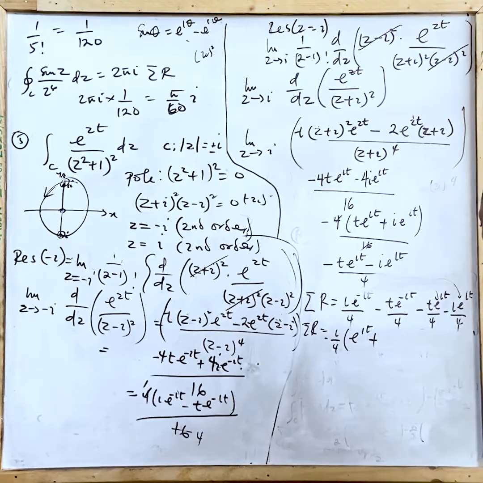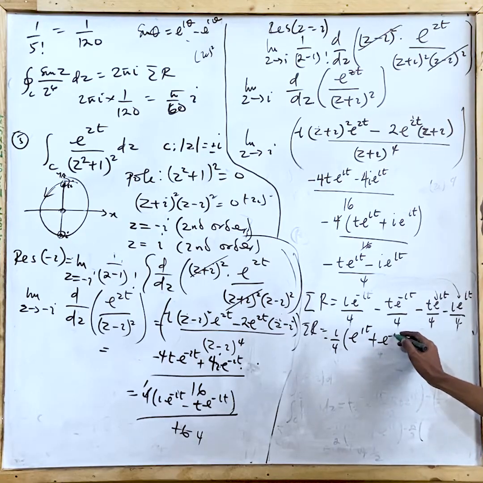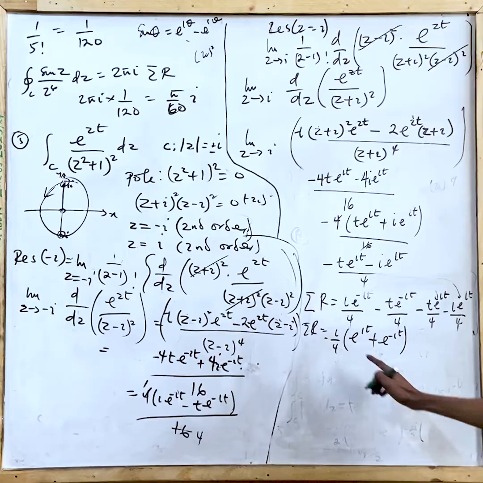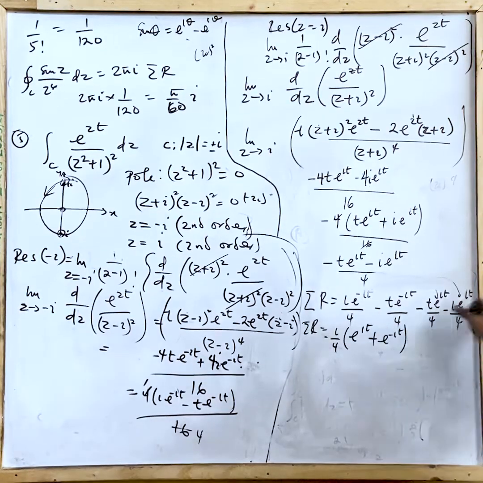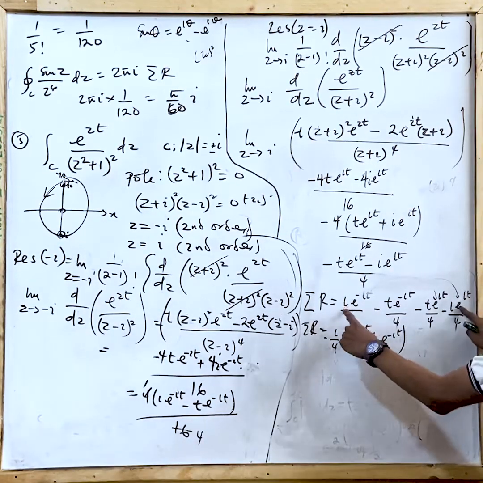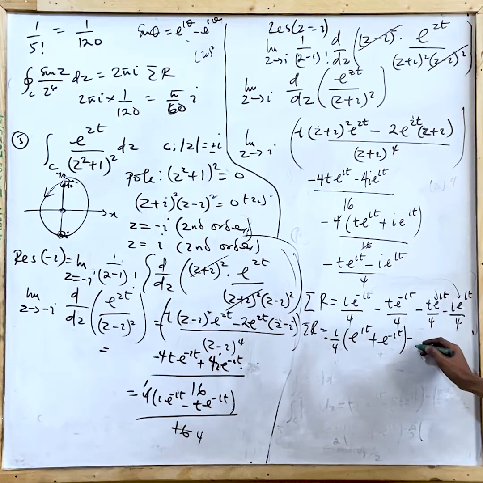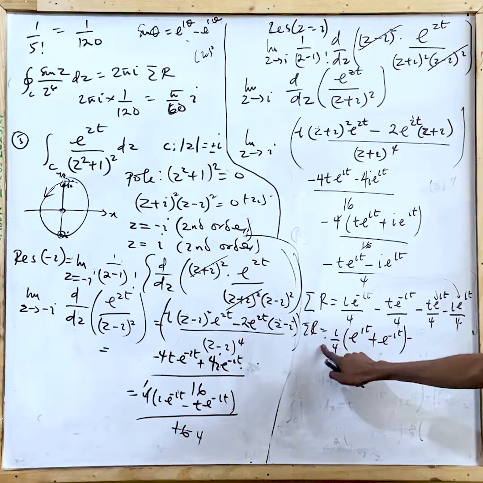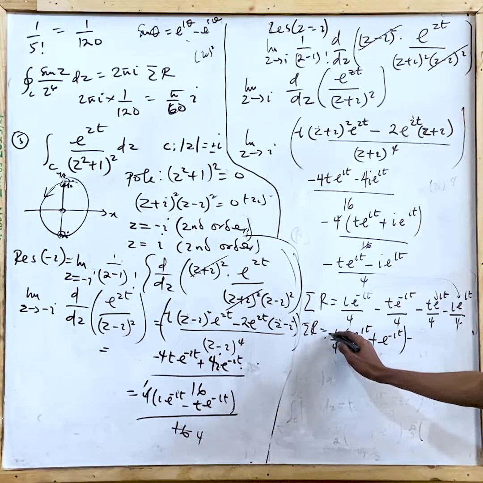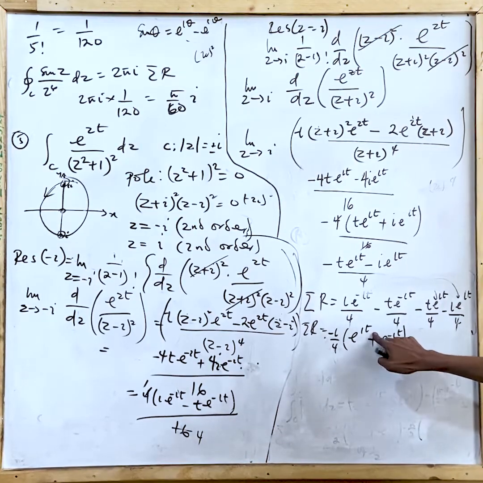This one will now be plus, right? E raised power minus it. Yeah, I'm pairing these two. And if I separate the one with t, that will be minus this one, and this one will be minus.